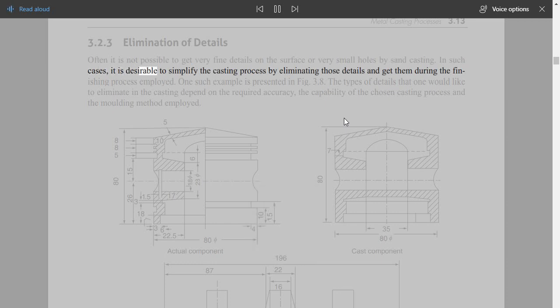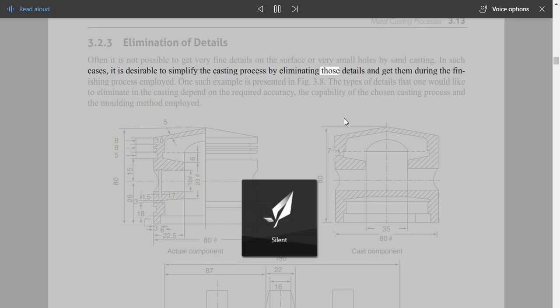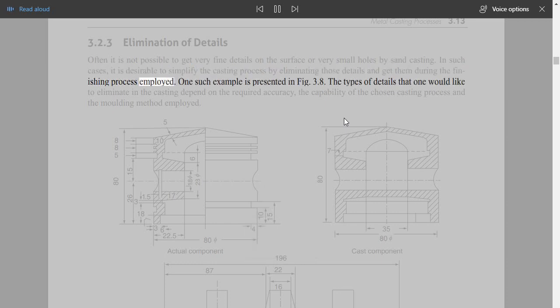In such cases, it is desirable to simplify the casting process by eliminating those details and get them during the finishing process employed. One such example is presented in Fig. 3.8. The types of details that one would like to eliminate in the casting depend on the required accuracy, the capability of the chosen casting process, and the molding method employed.